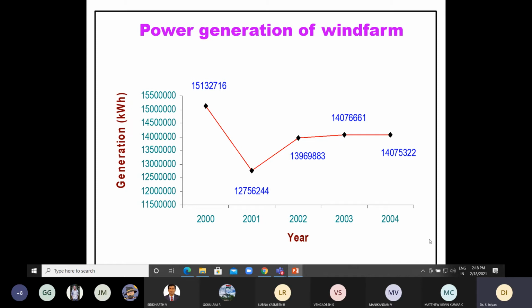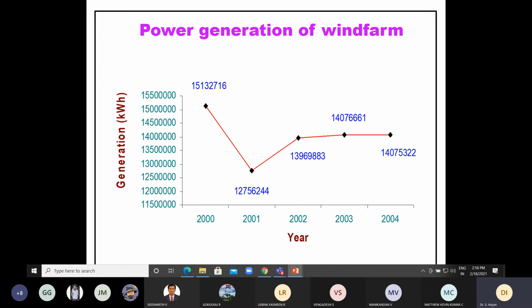As I told just now, as on 31st December 2020, the Mupandal wind farm is able to produce a maximum power generation of 1500 megawatt. It can be updated for 2020, 19, 18 and from 2010, right?